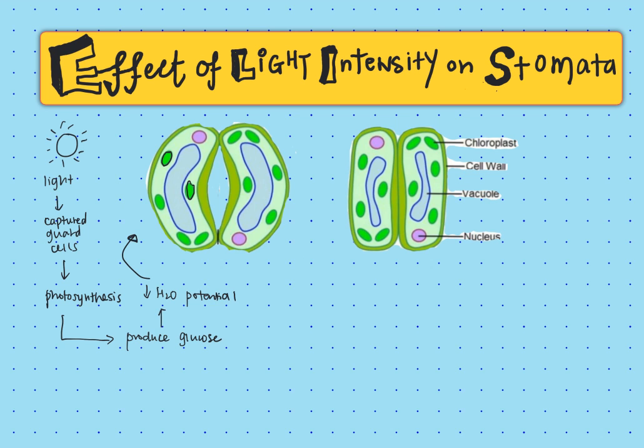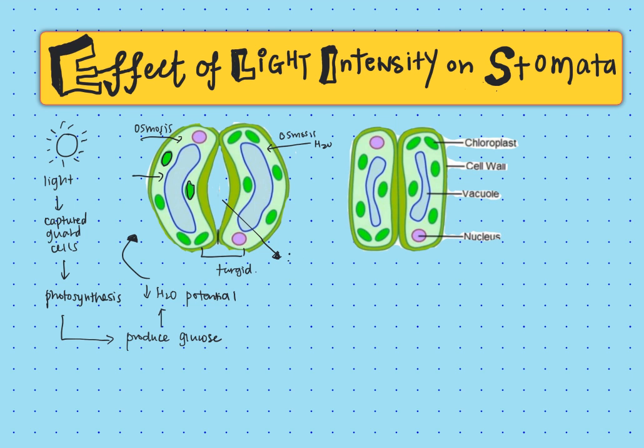Then you will look at this now. The water molecules will enter the guard cells by osmosis. And the guard cells will now be turgid. The curvature of the guard cells when they are turgid will cause the stomata to open.